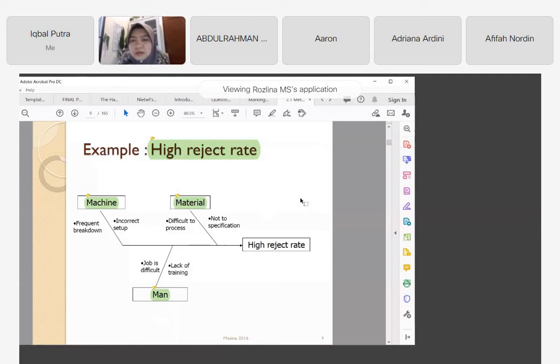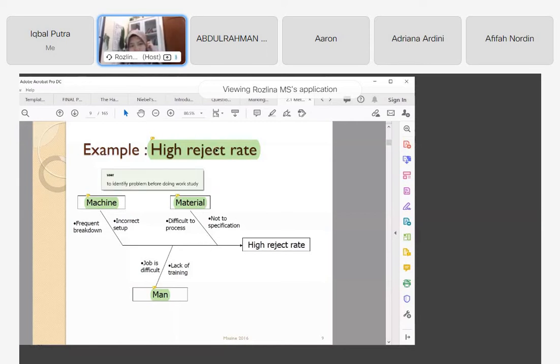Fishbone diagram. Ishikawa. Cause and effect diagram. This is a quality engineering tool. Okay, so high reject rate.